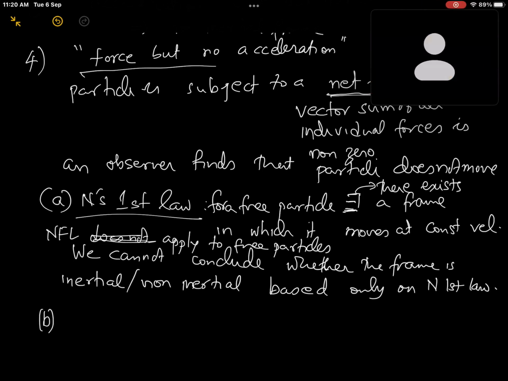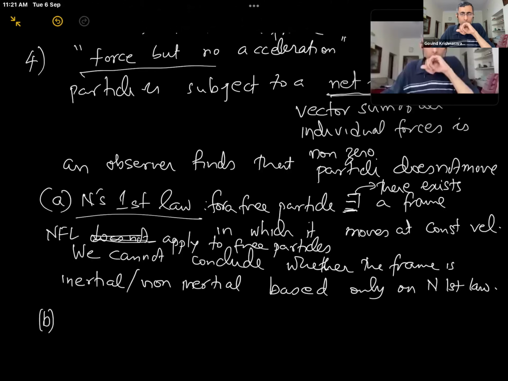Okay, so can that also be used as a description of the inertial frame? Like if F is equal to ma holds in that particular frame, then it's an inertial frame. Right. Okay, you're saying that, maybe I'll try to be more specific about this.